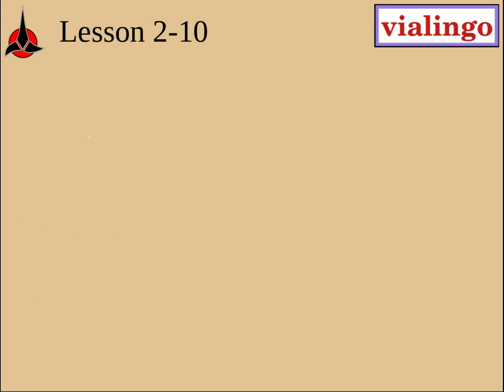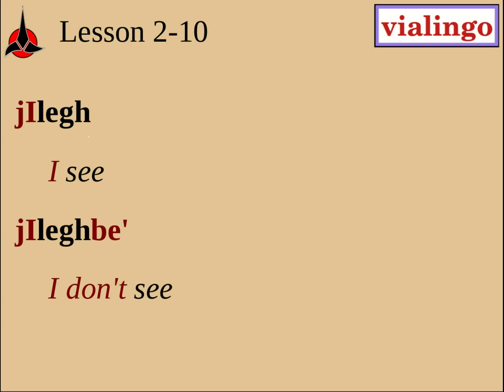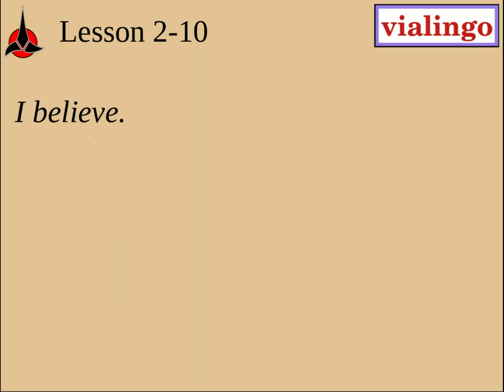Sometimes a verb has both a prefix and a suffix. I see is gillegh. I don't see is gillegh. In Klingon, I see and I don't see are both single words. Sentences with only one word are easy because you don't have to think about the word order. How do you say, I believe?